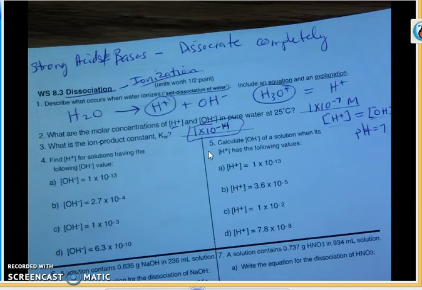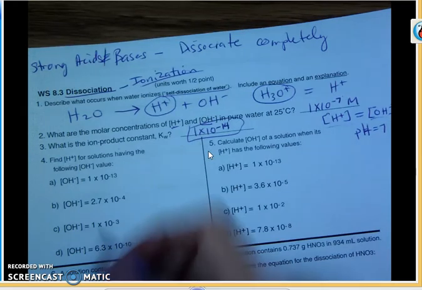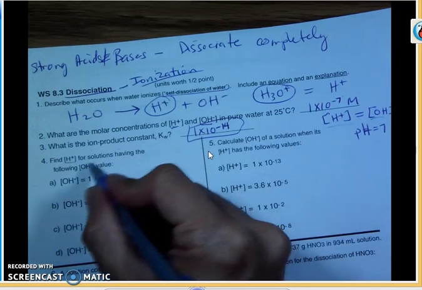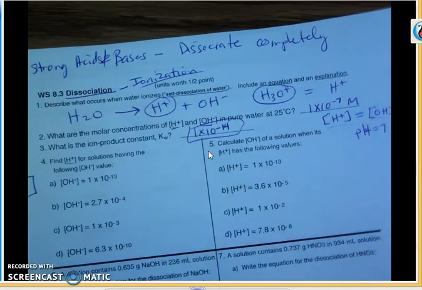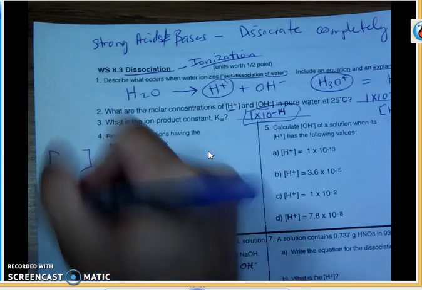Number 4 here says find the H plus concentration, and you see these brackets. These brackets are what we call concentrations.